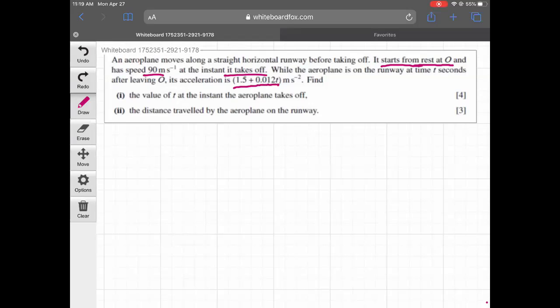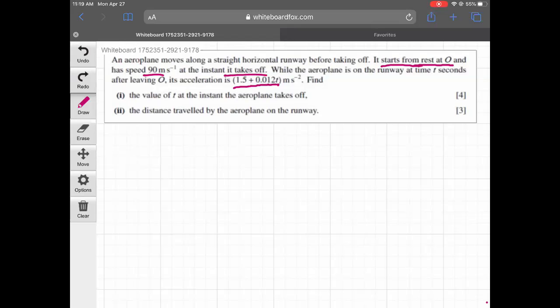If that second part, the plus 0.012t, wasn't there, and it was just acceleration is 1.5, then it's constant, then you can use suvat, yeah? But our acceleration is not constant, so we can't use suvat, so it has to be a calculus question, an integration or differentiation. So part one, find the value of t at the instant the airplane takes off.